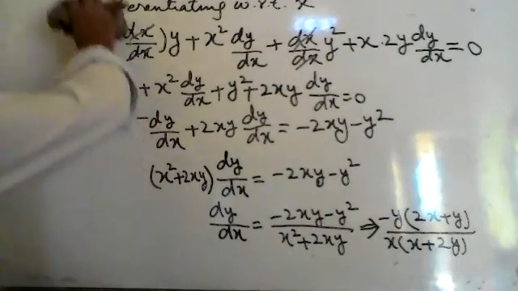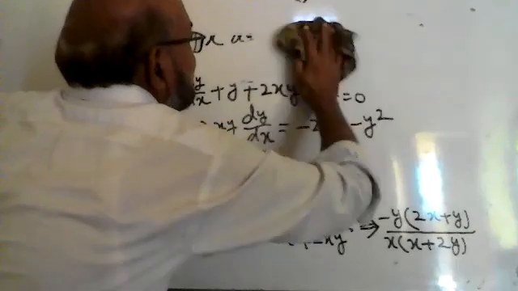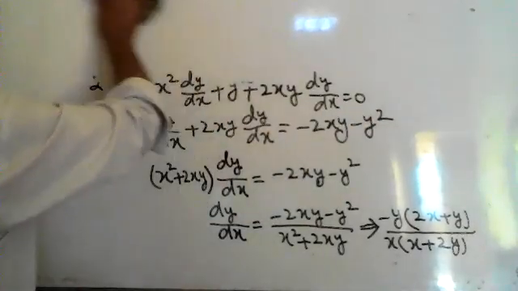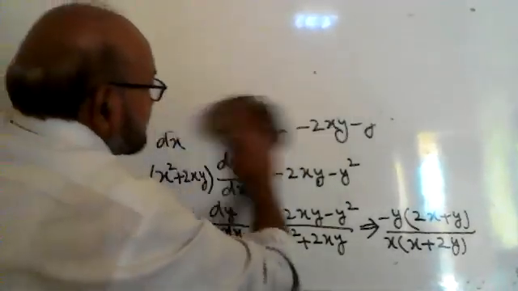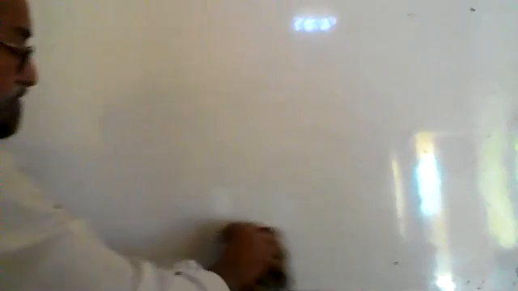Question number 21: 2xy plus y square is equal to x plus y.